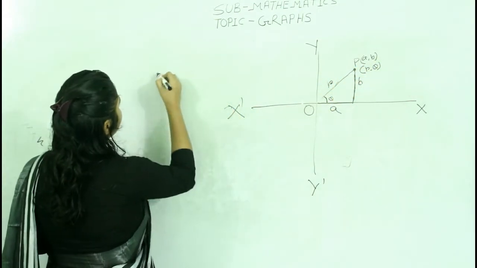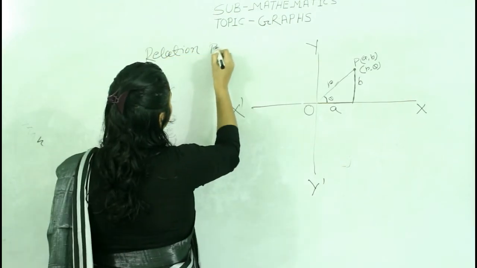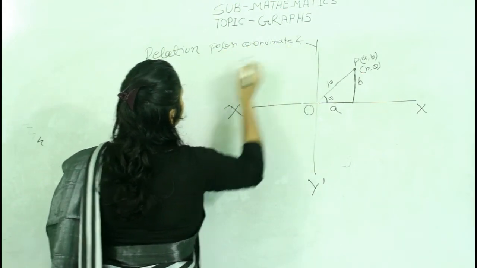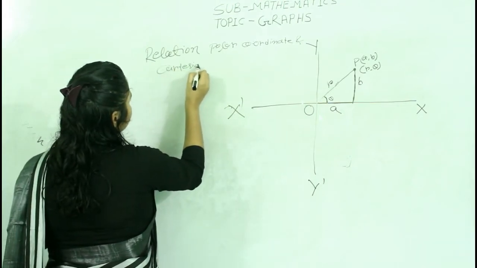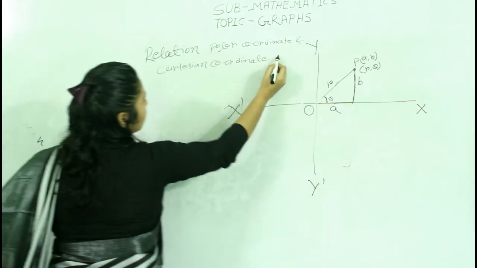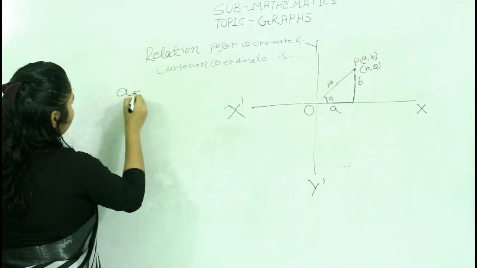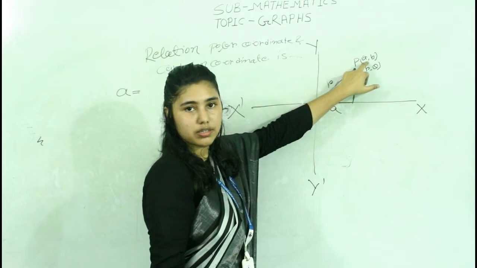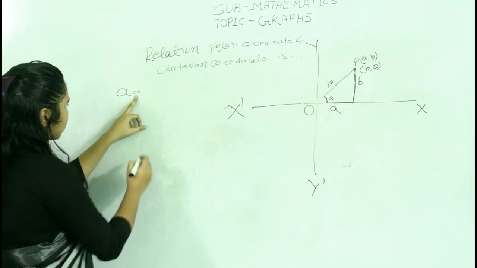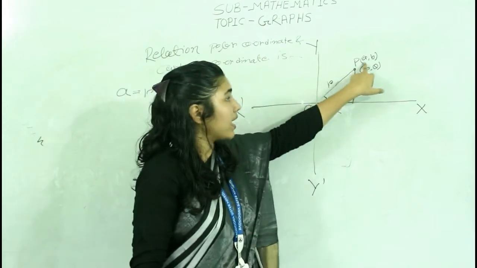So the relation between polar coordinate and Cartesian coordinate: take a, because here a is our value of the Cartesian coordinate, a equals r cos theta. a is the x coordinate.